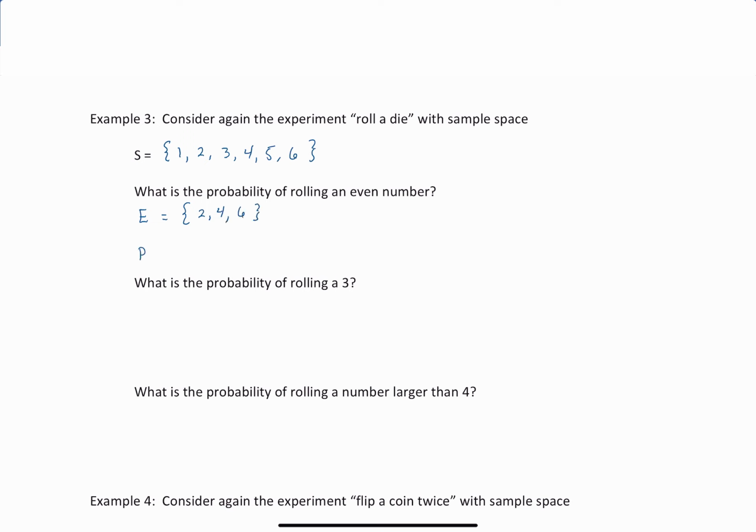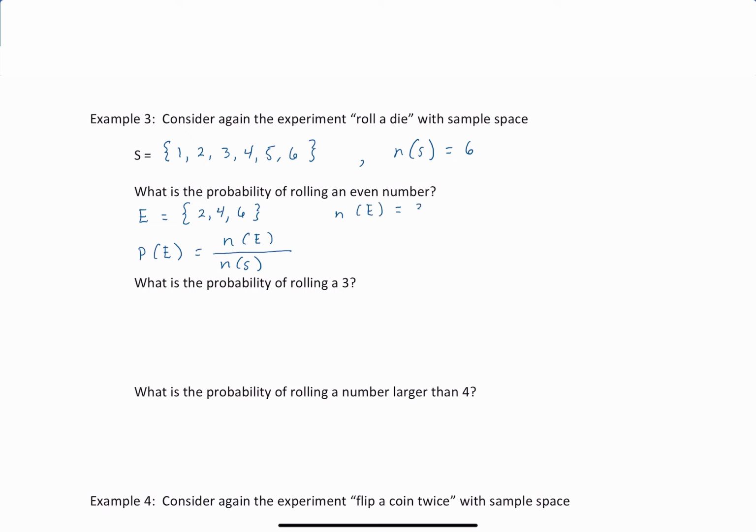Now the formula we just got says that the probability of any event where all outcomes are equally likely, which they are in this sample space, is the number of outcomes in that event divided by the number of outcomes in the sample space. The number of outcomes in our sample space is 6. And the number of outcomes in this particular event is 3.